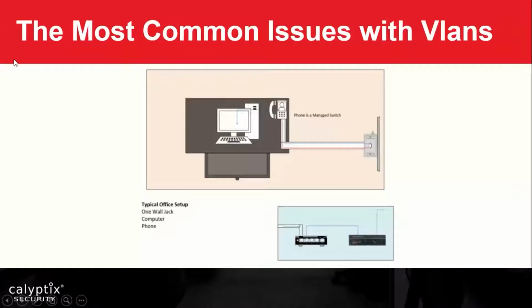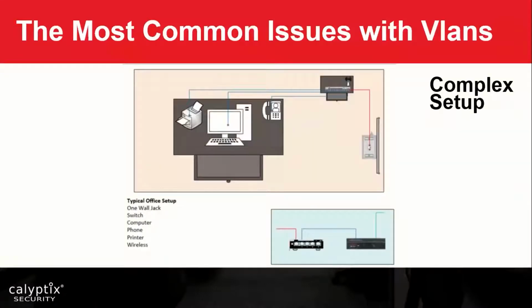And the most common way, without VLANing, your computer will hook to the back of your phone. Your phone will hook to the wall, as you can see, which will go into a closet into a switch. This switch does not do VLANs, then segmenting the traffic on that one port will not be possible, but you still can run everything on what they call a flat network. So this is the most common use of a network that you'll see at an office.